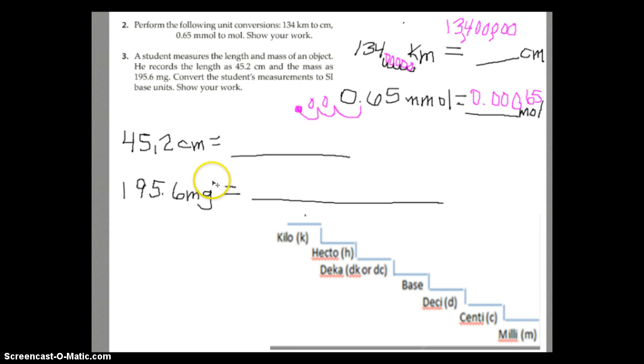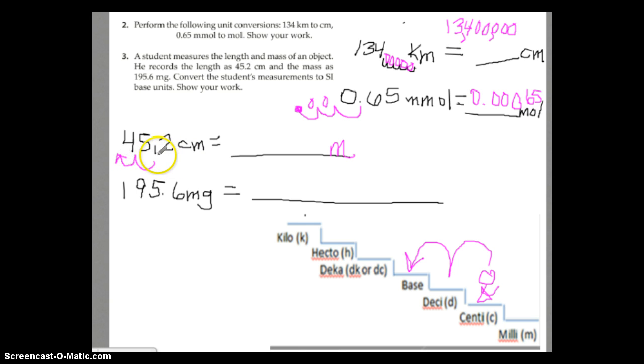All right, if you haven't yet, go ahead and do both parts of problem 3. So hit the pause button and make sure that you do that. So we need to change centimeters into the base unit. So the base unit for length is meters. Okay. So we start at centimeters, we go to meters, 1, 2 hops to the left, you take your decimal and you move it 1, 2 hops to the left.